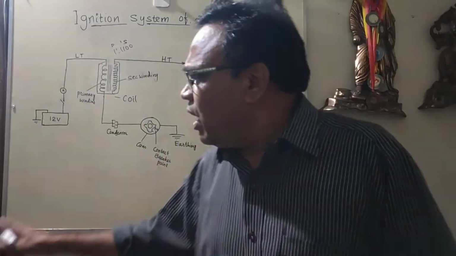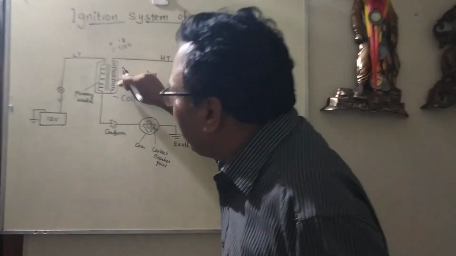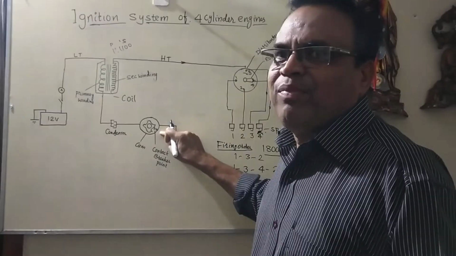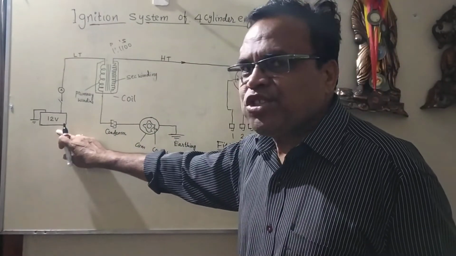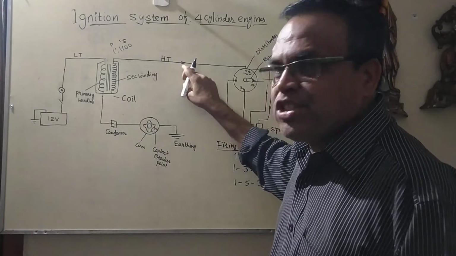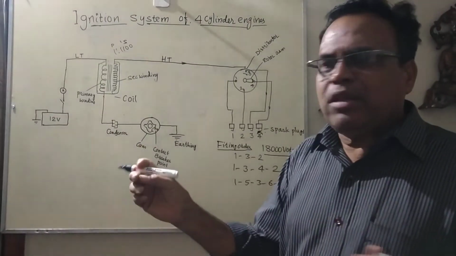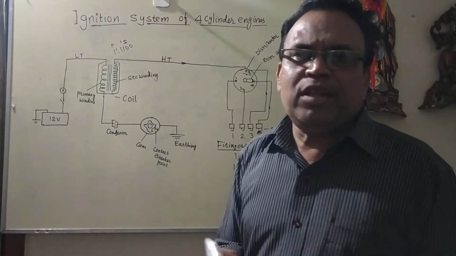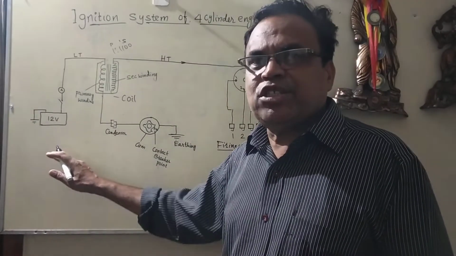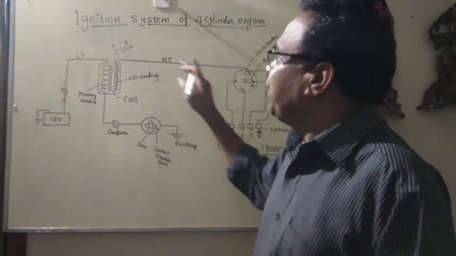It is called the battery ignition system, or coil ignition system, or CB point ignition system, or simply the high tension cable system, depending on what you are using. Almost all vehicles use the battery or coil ignition system to ignite the air and fuel mixture.